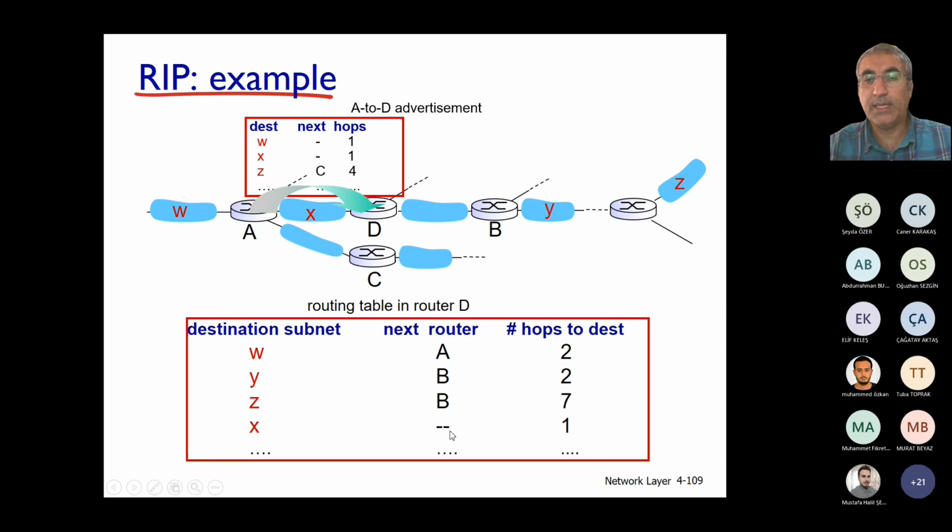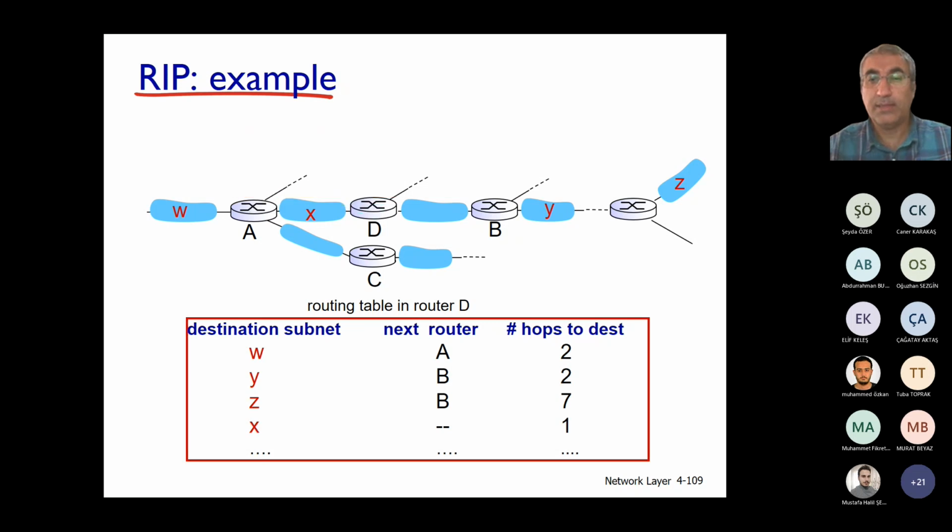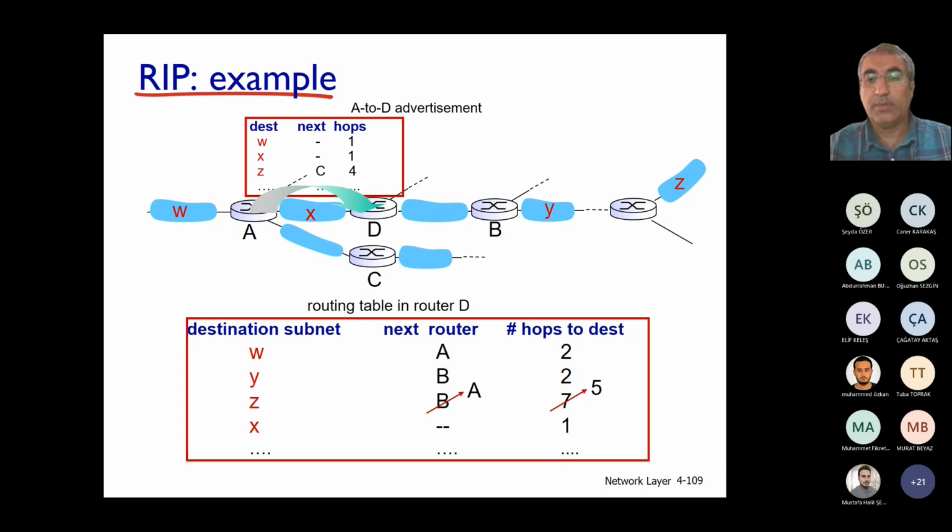That's why we need to update this table in router D for the Z subnet. So now I update it. In order to reach C, I need to go through A. The next router is A, and the hop count is 1 plus 4, equal to 5. That's how I update the routing table in router D if I receive an advertisement message.